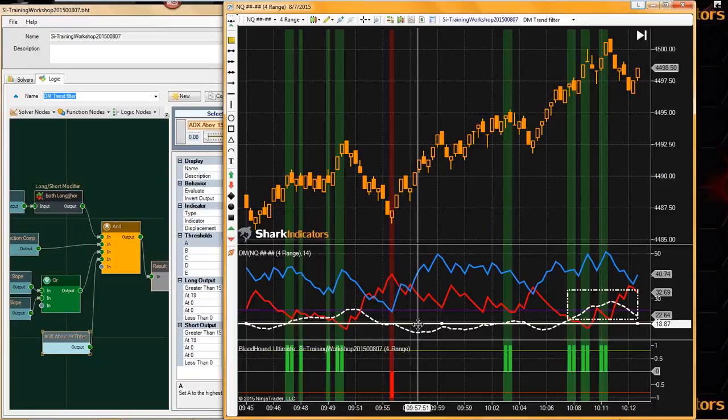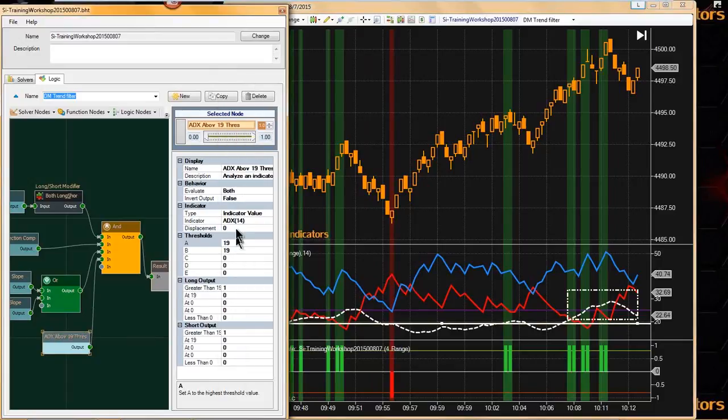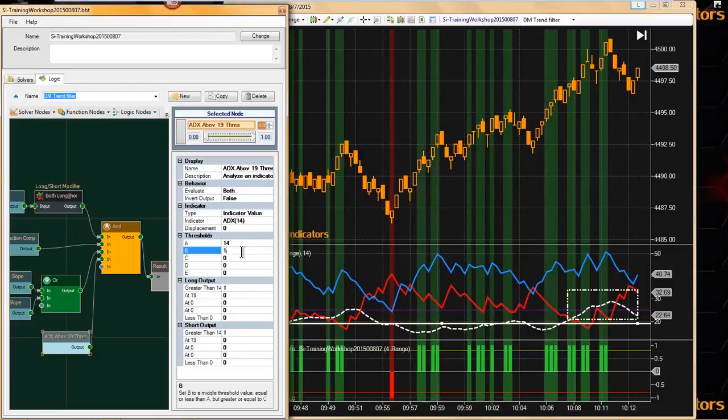I think John uses a lower threshold value when you're using a higher period ADX. Since I have my ADX up to a 14 period, John is suggesting he uses a lower value, something like 14 or lower.